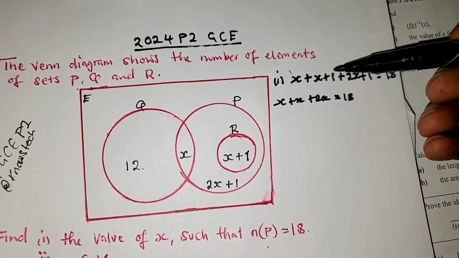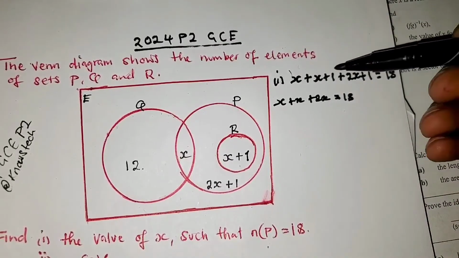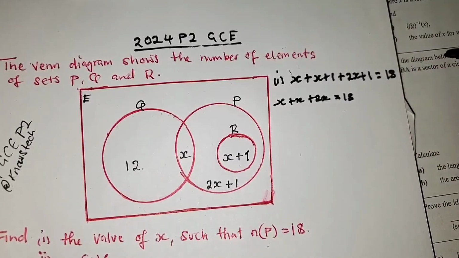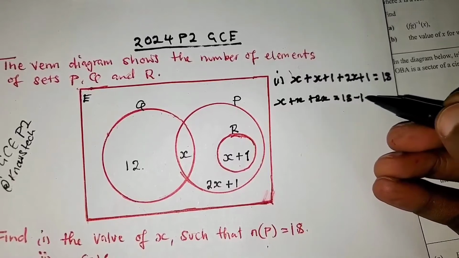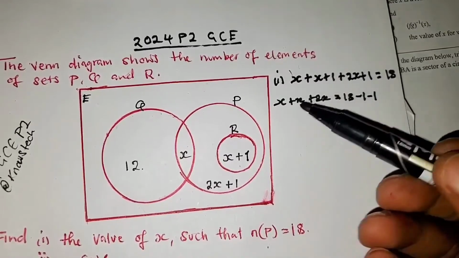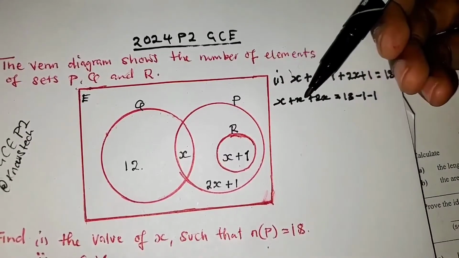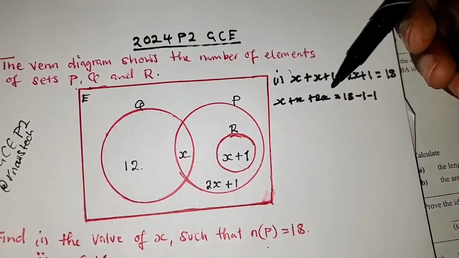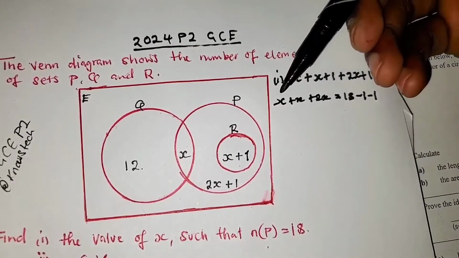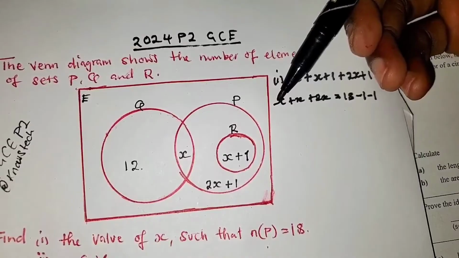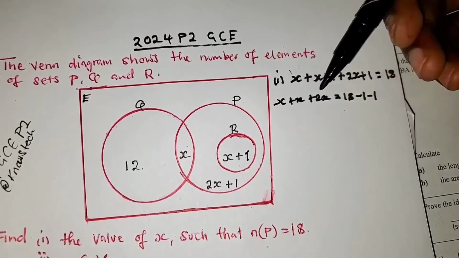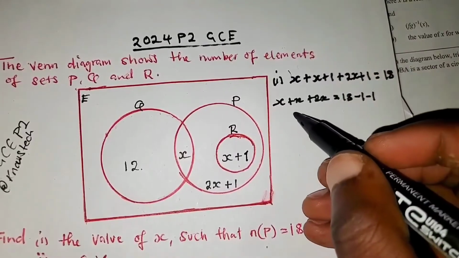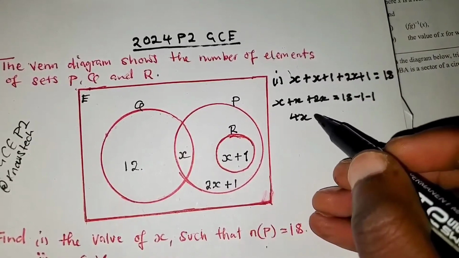Then look at this, these are constant numbers, they don't have a variable, so they'll go to the other side, and since both are positive, they'll become negative. Now this is x, and this is 2x. When adding, you add the coefficient, the number in front of the variable. So 1 plus 1 is 2, 2 plus 2 is 4. So here we simply have 4x.